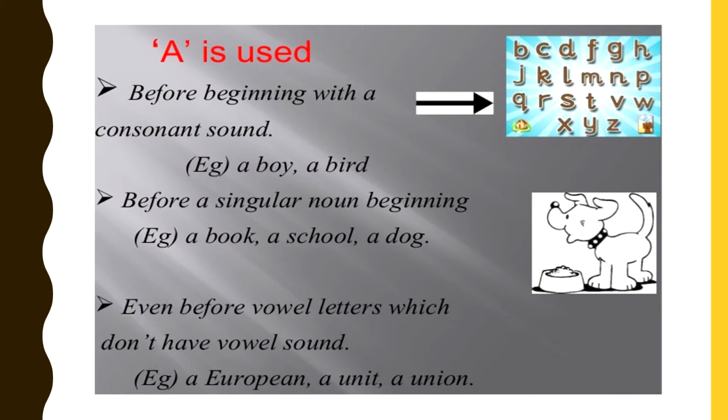If we pronounce the word, we are speaking it as European. So the letter E here is silent and the sound which is coming is of the letter U as a consonant U sound. Alright?